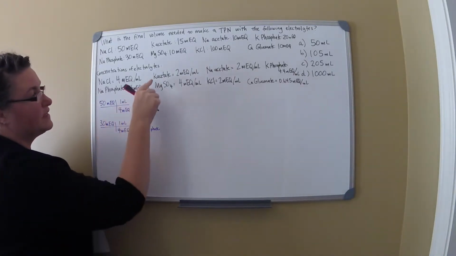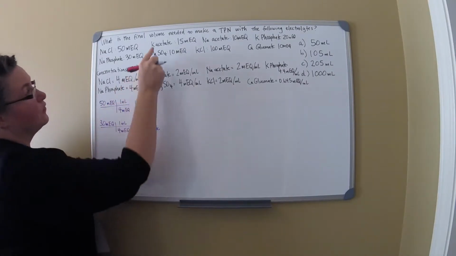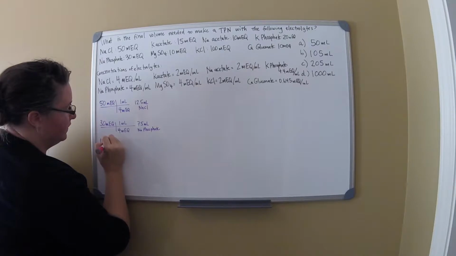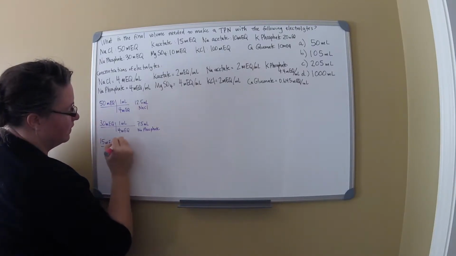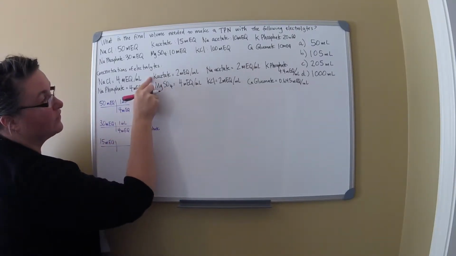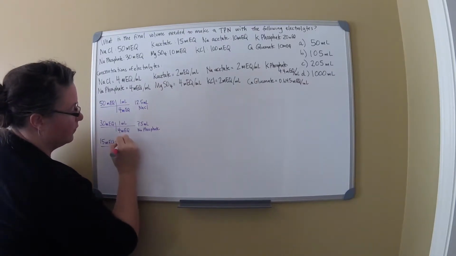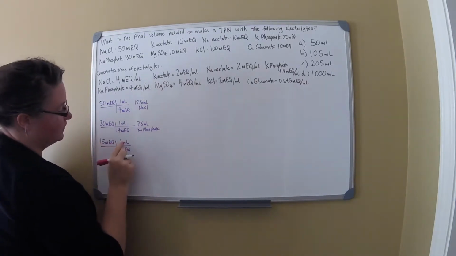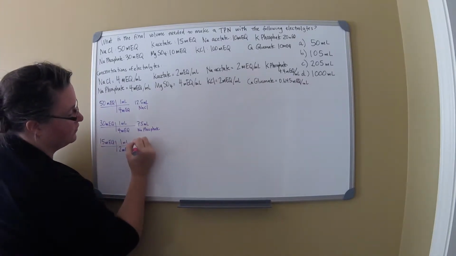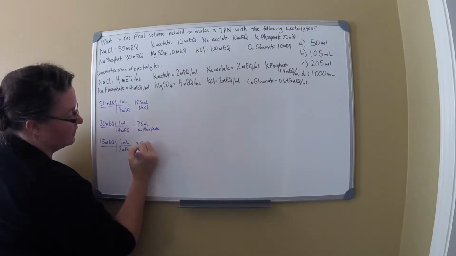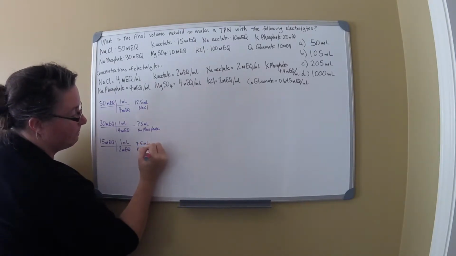Next is potassium acetate. So you can see in this problem up here, we need 15 milliequivalents. And our conversion is given here. There are 2 milliequivalents per mil. So 15 divided by 2, so that also comes to 7.5 mils. And that is potassium acetate.